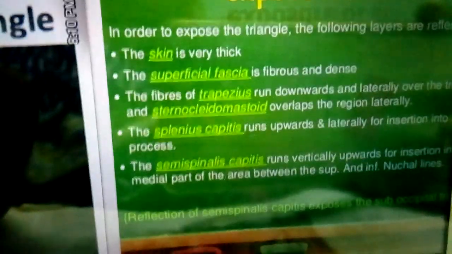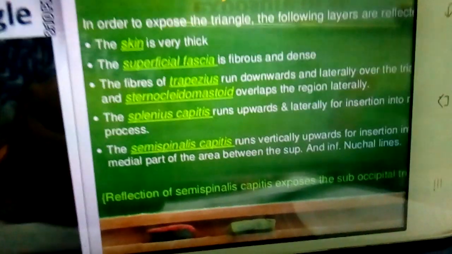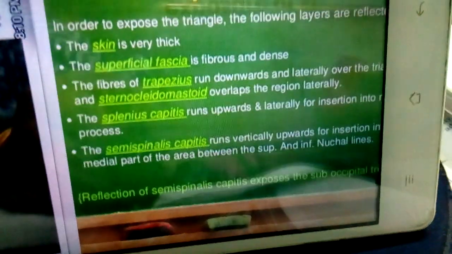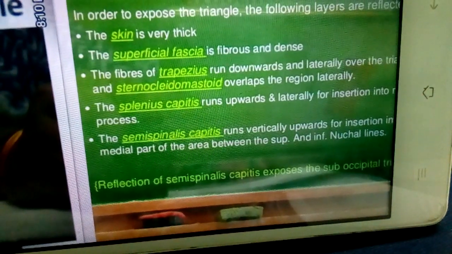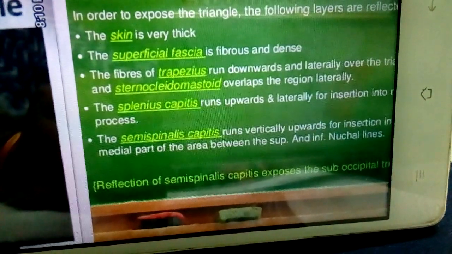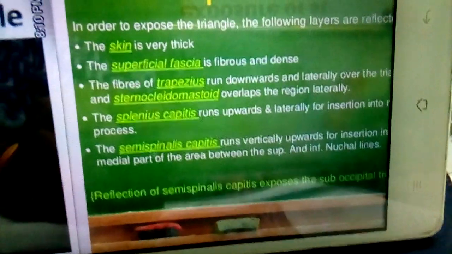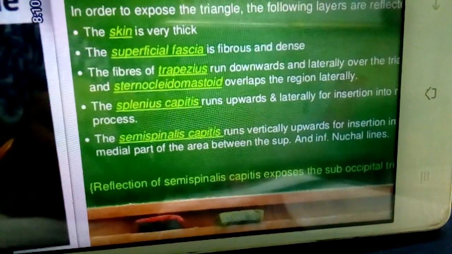For this we are going to remove the skin, superficial fascia, and the trapezius muscle, which runs downwards and laterally over the triangle, and the sternocleidomastoid muscle which overlaps the region laterally, and also the splenius capitis muscle and the semispinalis capitis muscle. Once it is removed, we reach the triangle.